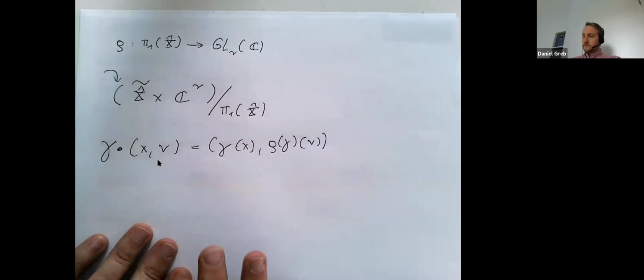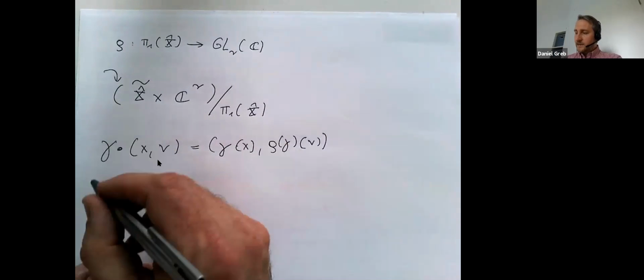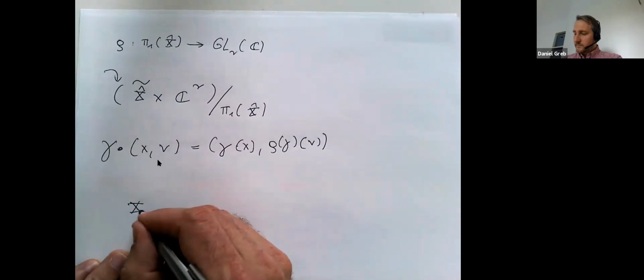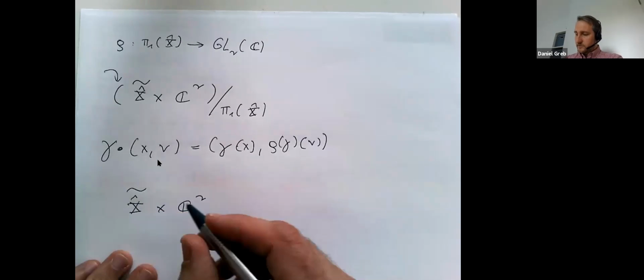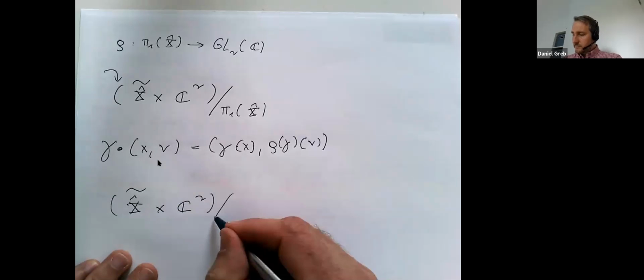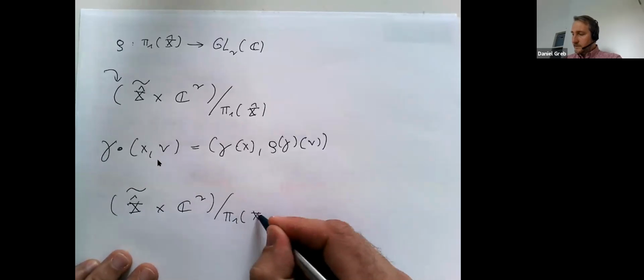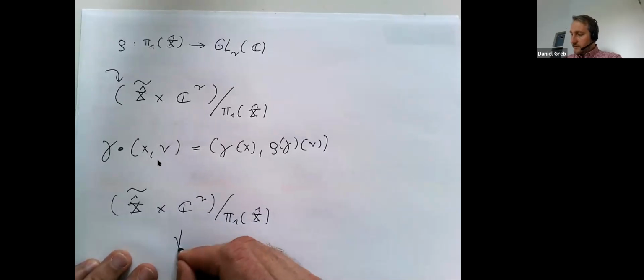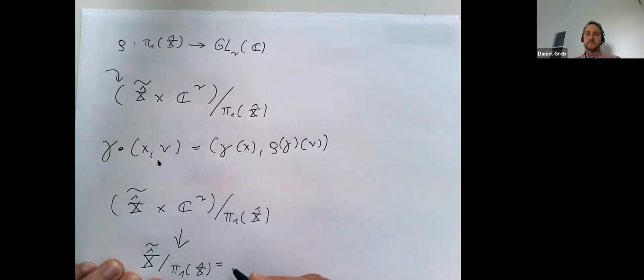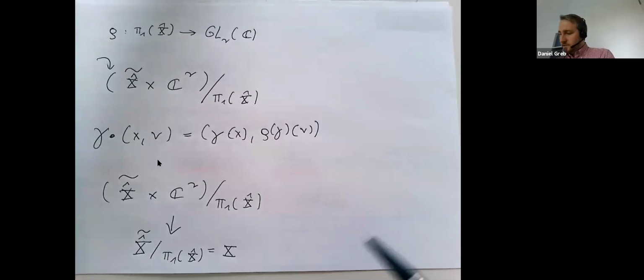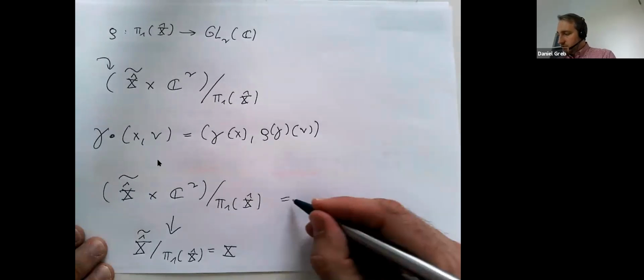Okay, and this is the action, and then by some small invariant theory discussion you see that this has a natural projection to the universal cover mod pi 1 of X hat, which is X hat, and this is a vector bundle. Okay, so this is then the total space of G rho.